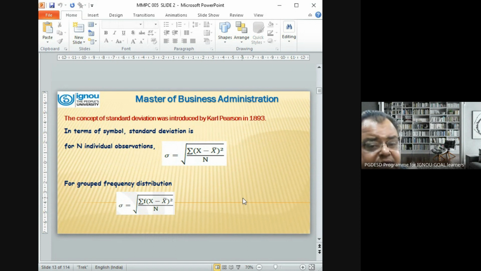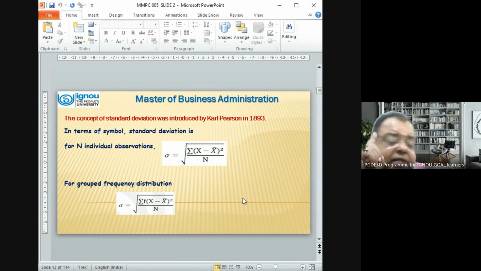Now see formula number 1 and formula number 2. In general, in terms of symbol, the standard deviation for n individual observations is denoted by sigma equal to under root summation of (x minus x bar) whole square divided by n.